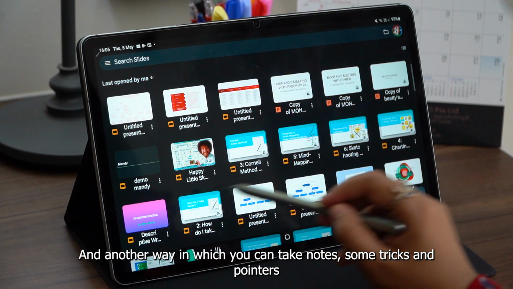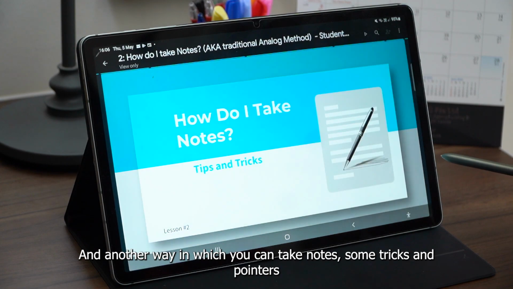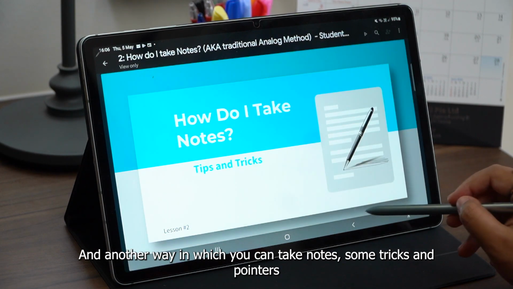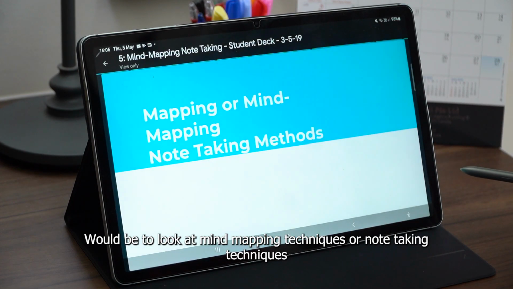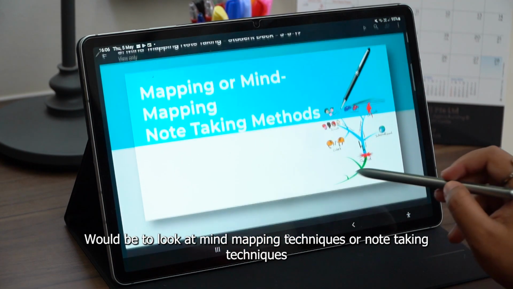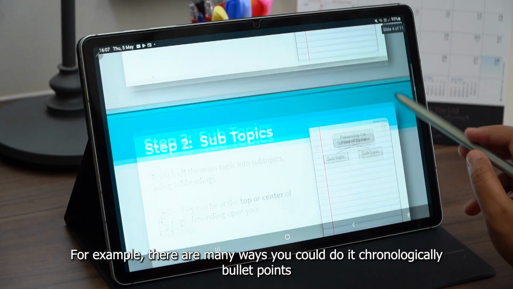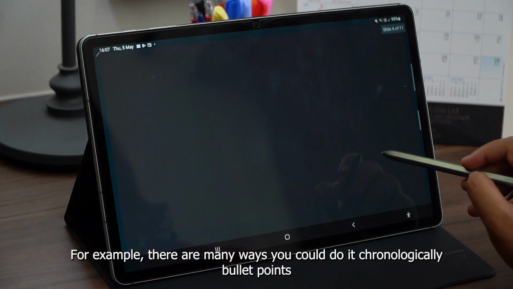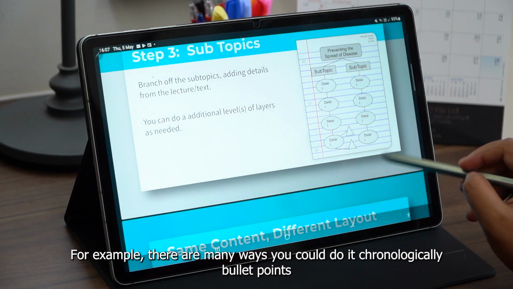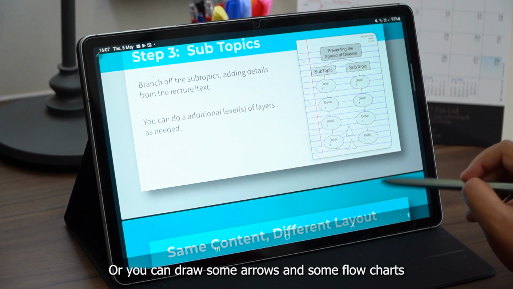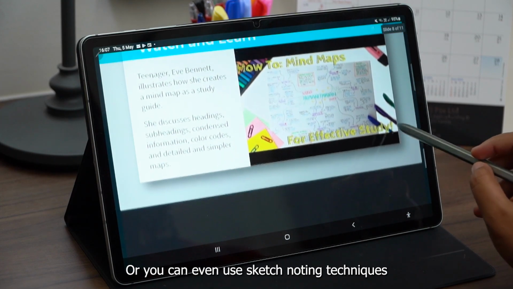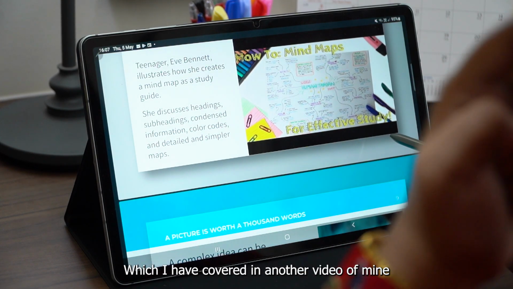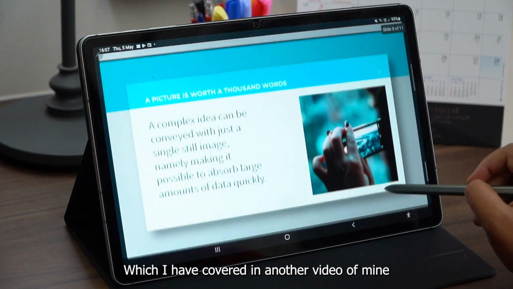And another way in which you could take notes, some tricks and pointers, would be to look at mind mapping techniques or note taking techniques. For example, there are many ways you can do it, like chronologically, bullet points, or you can draw some arrows and some flow charts. You can even use the sketchnoting technique, which I've covered in another video of mine.